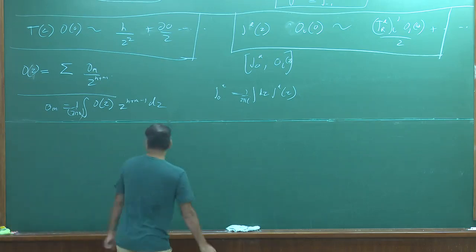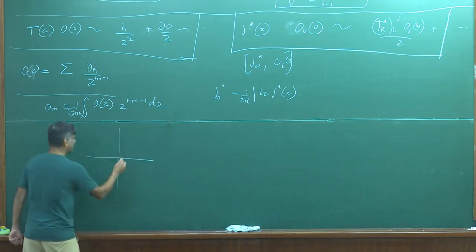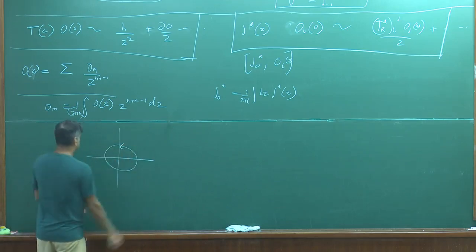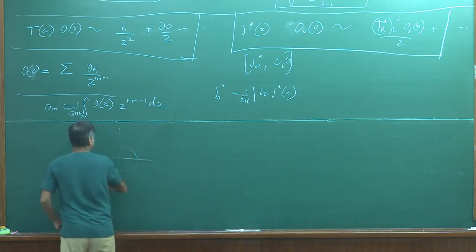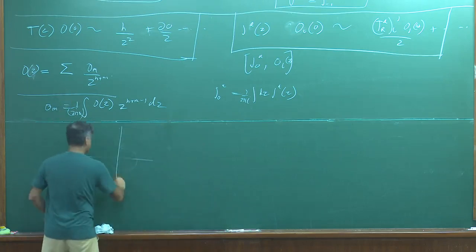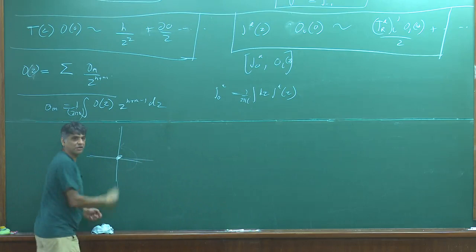So in radial quantization, we make the state corresponding to the operator. Actually, forget all this expansion. Let me just make the state corresponding to the operator. Let me insert O at the origin.